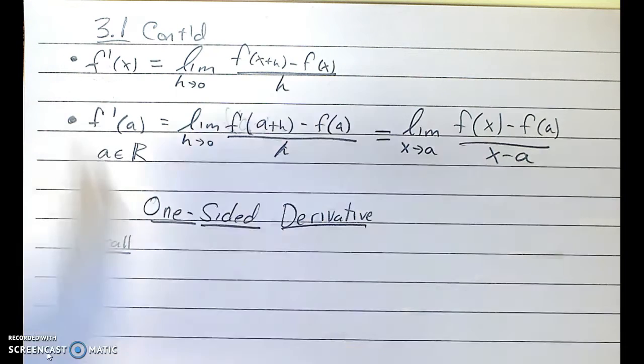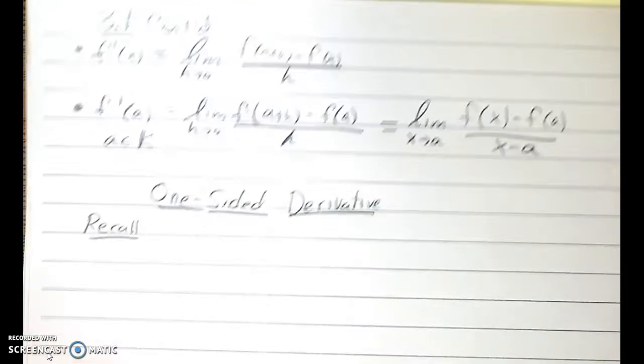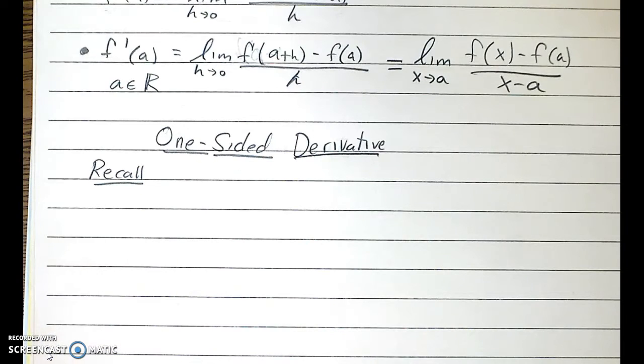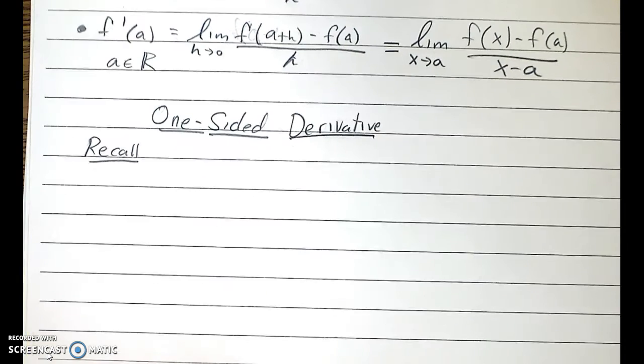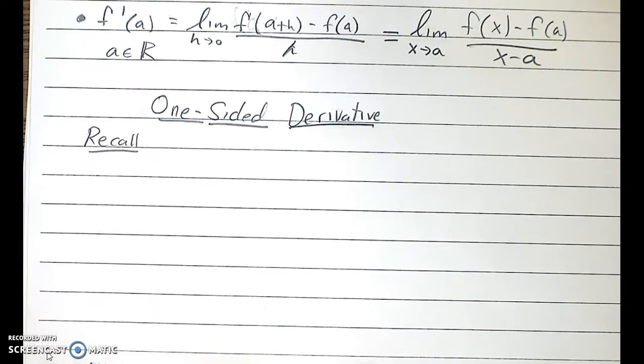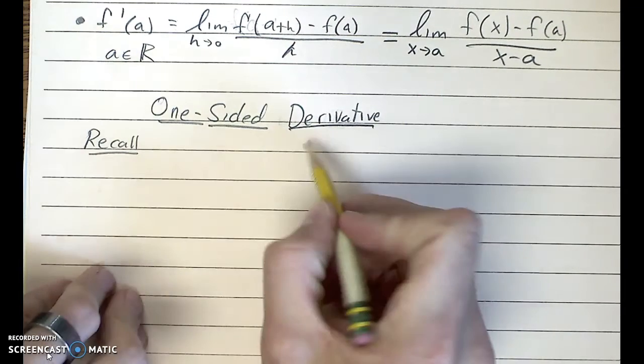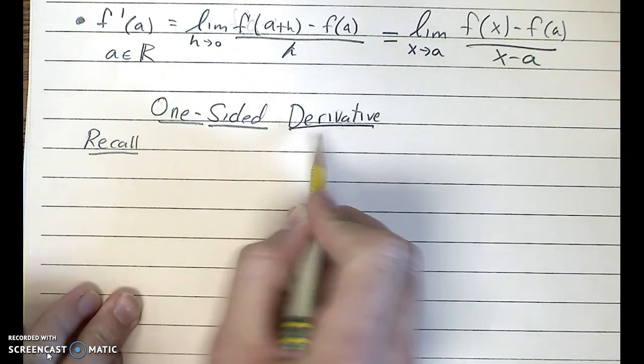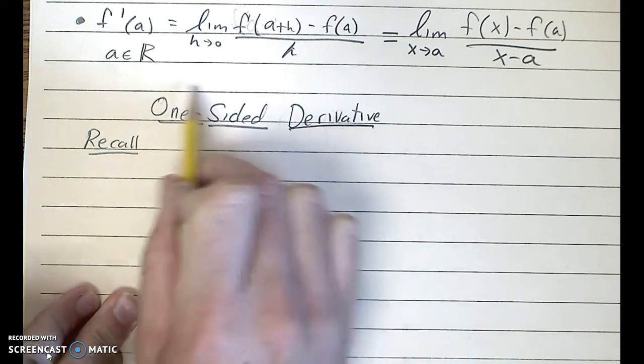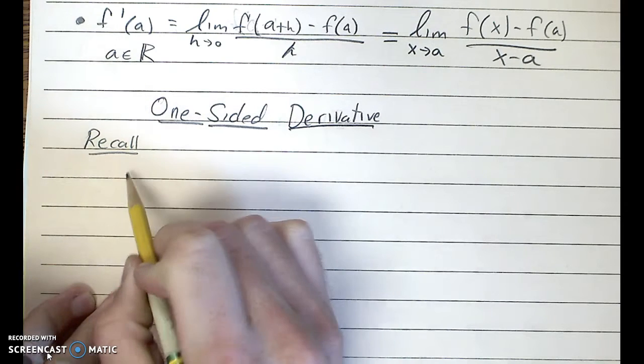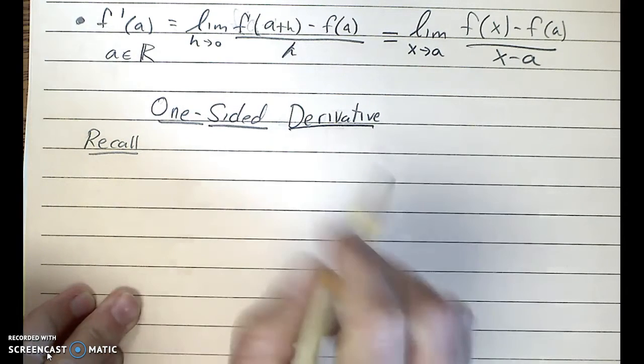Okay, and that brings us into this idea of one-sided derivatives. It's a little bit easier to get our minds wrapped around what a one-sided derivative is if we recall what a one-sided limit is.